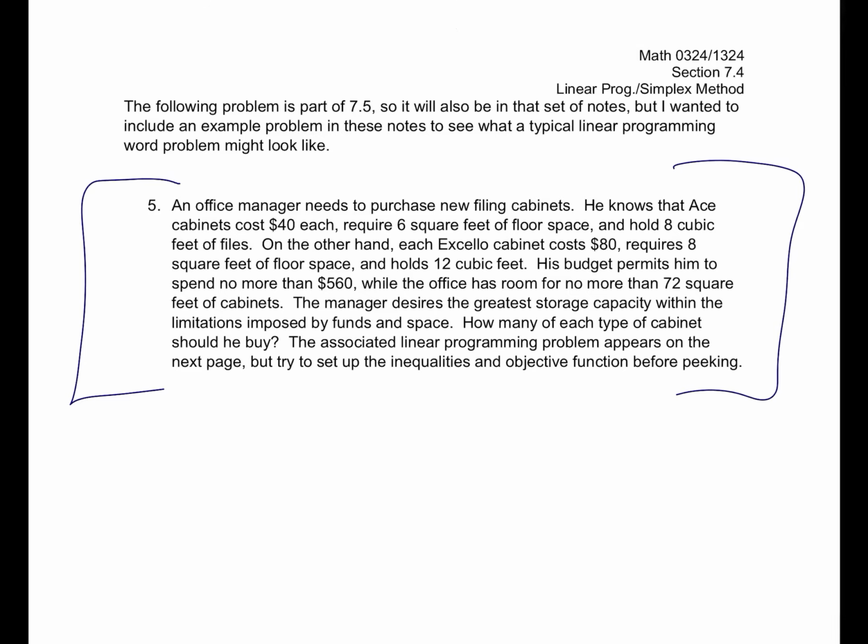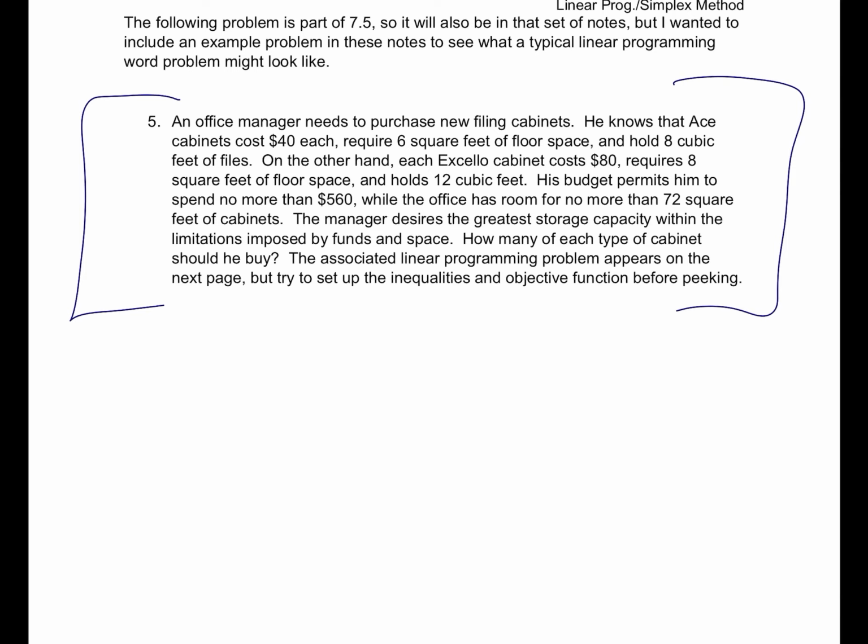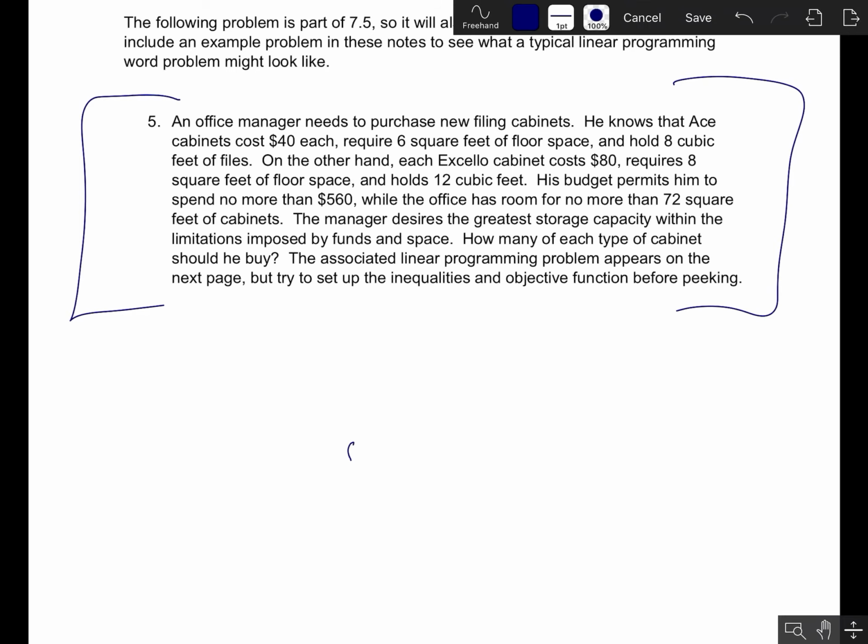So this is an example where you have this word problem, but you can translate this word problem into a corresponding linear programming problem. So here we know what we're trying to optimize. We're trying to optimize the amount of storage space that we have, right? So we want greatest storage capacity. So Z is going to represent storage capacity.